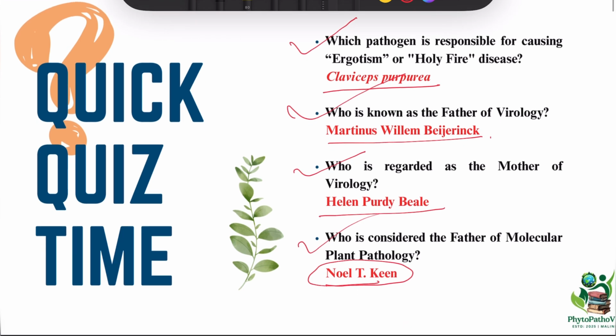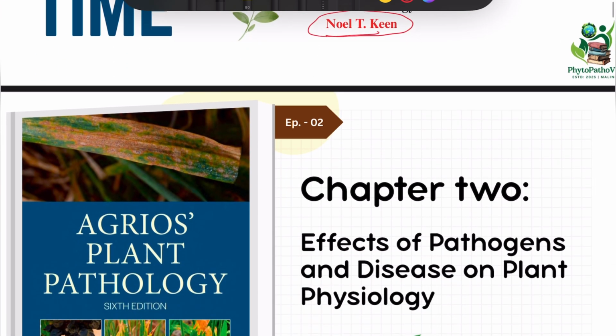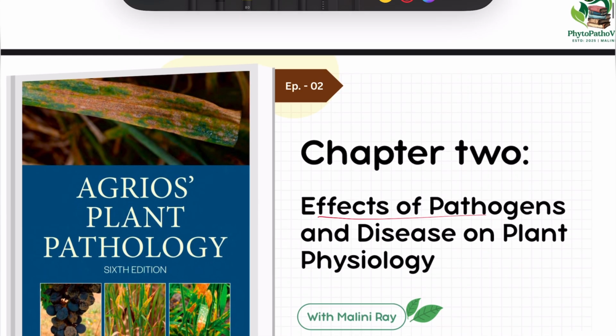Now coming to chapter 2, effects of pathogens and diseases on plant physiology. In the last session we studied that physiology plays an important role in whether a plant is healthy or diseased. How come? When the physiological function of a plant is carried out to the best of its genetic potential, then it is called healthy, right?